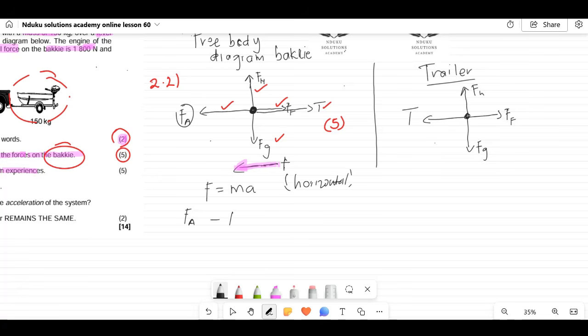So let's say tension, it is negative because the tension is opposite to the motion, and then we have a negative frictional force, which should be equal to MA.